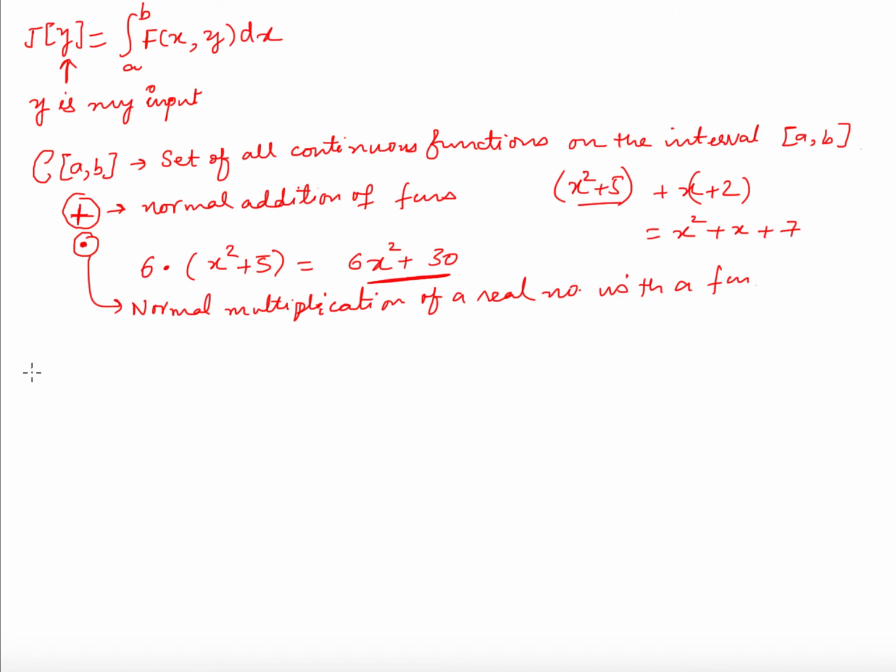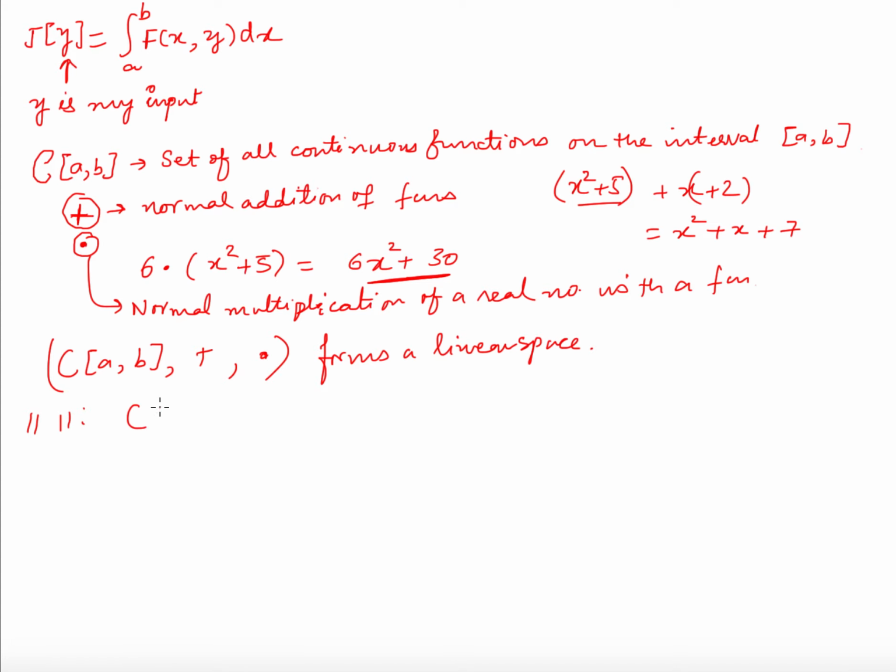You can actually check that C[a, b] with this plus operator and this dot operation forms a linear space. You can check all the 8 properties are satisfied. So this is the linear space. Now what I'm doing is I'm defining a norm on this.